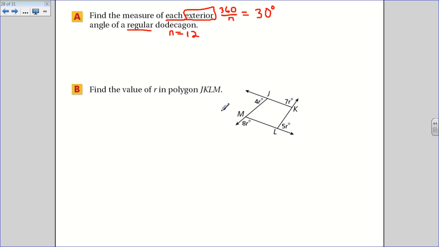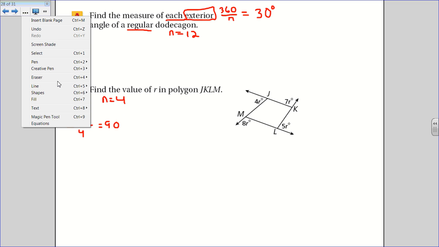That one's done. Now we see that it's not regular, but they give us the 4 different measurements. This is a quadrilateral here, so we know that n is 4. And if we use our little formula, 360 divided by 4, we get 90, but we know that these angles aren't 90, 90, 90, and 90.